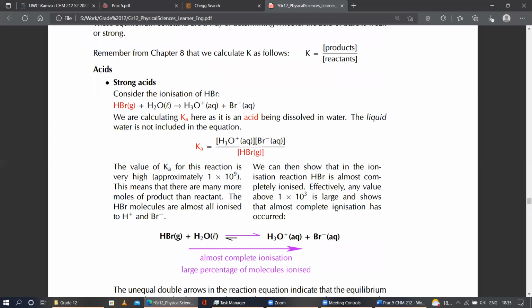From chemical equilibrium, you know that the equilibrium constant Kc is the products divided by the reactants. Well, that's the same situation here.